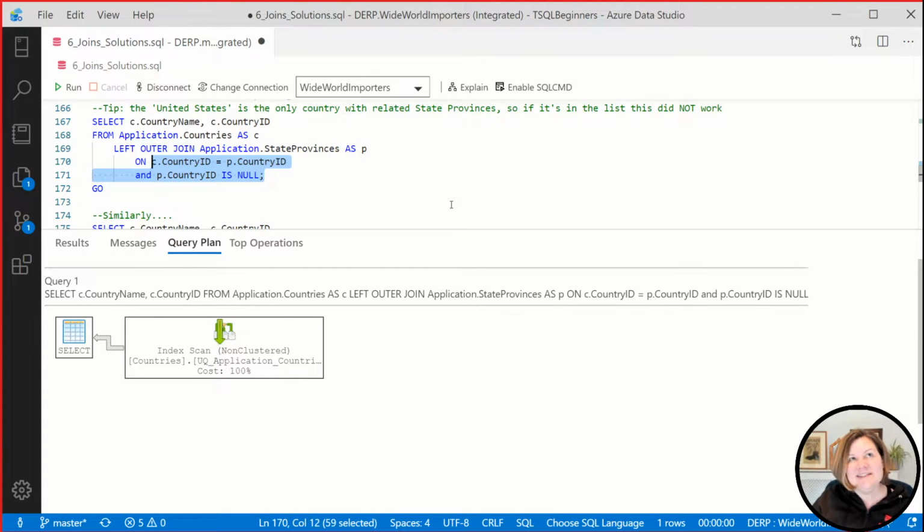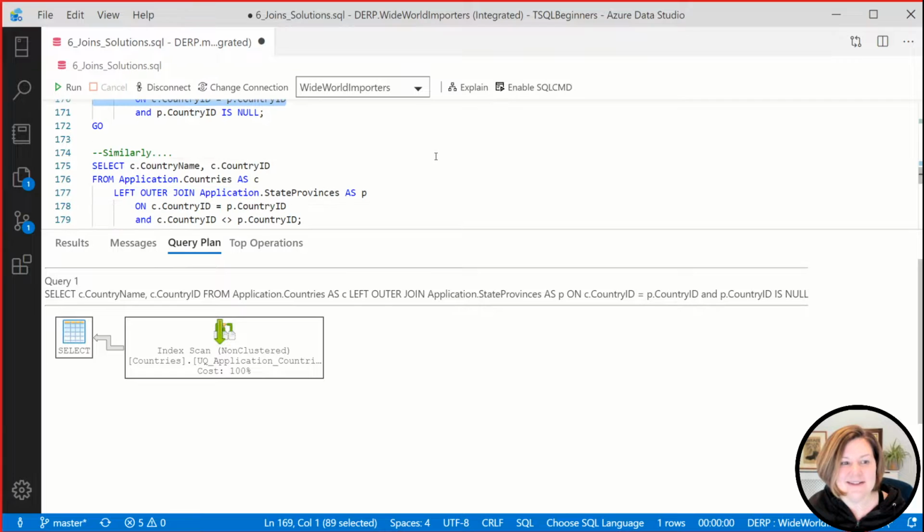So if we want to say, okay, I want you to look and see who has a match on the other table, that bit is done in the join. And then if we want to put a filter on that, that bit is done in the where clause. Now, there are other fancy ways you could rewrite this, but that's just the way it's done too, right?